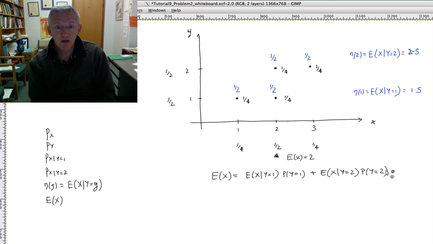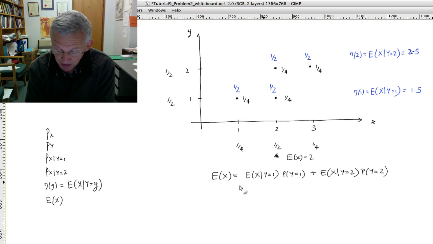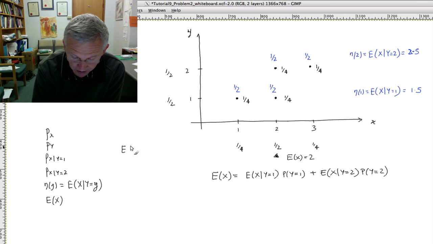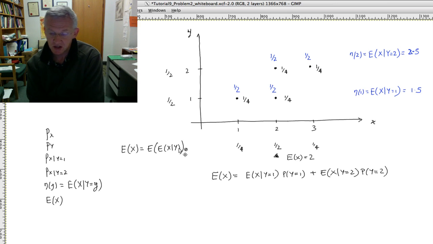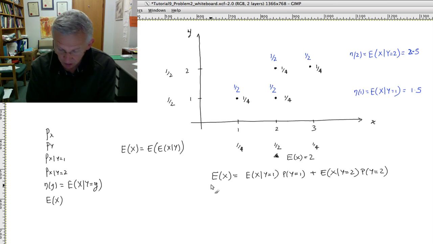You may recognize this as being very similar to the law of total probability, but in fact it's really just an application of our overall formula: the expected value of x is equal to the expected value of the expected value of x given y. So what I'd like you to do now is think about what this random variable is, the expected value of x given y.